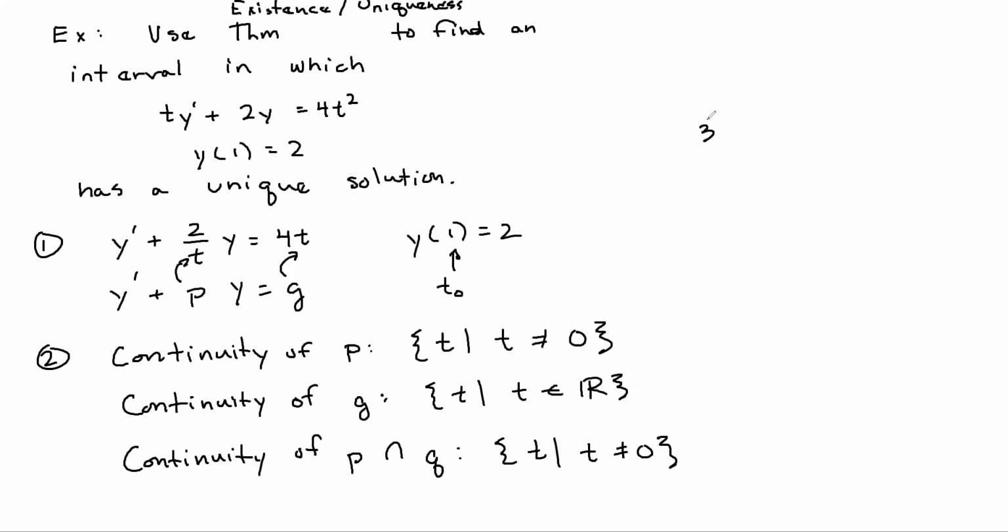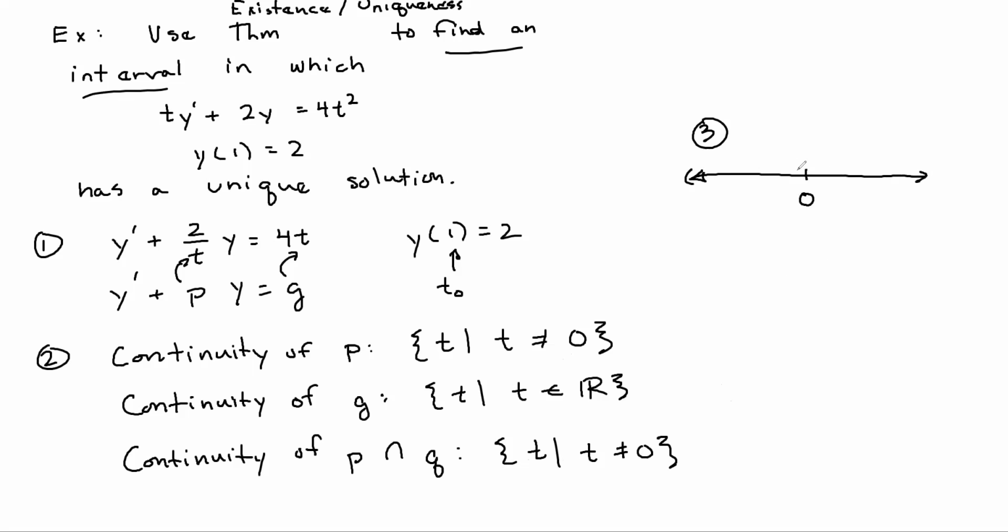Okay, and then step 3, what you can do if you wanted to find the interval, is you can just draw a number line. I think this is the easiest way to do it. Put the places where the function is not continuous, the discontinuities, on your number line. In this case, it's just 1, but if we'd had more, you could put more on here. Those discontinuities are going to break up the number line into regions that are continuous.